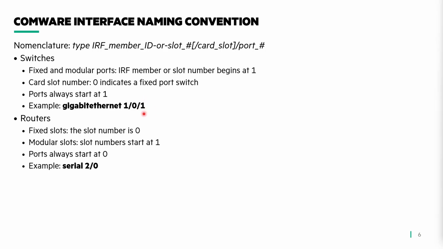For the routers, normally it goes with the number, which is basically slot 0, and the module ID will normally be serial 1/0 or something around that. It depends on the number, and you can see them printed on the interface.